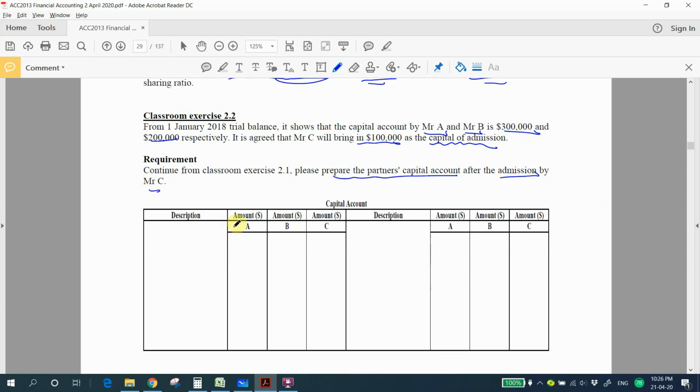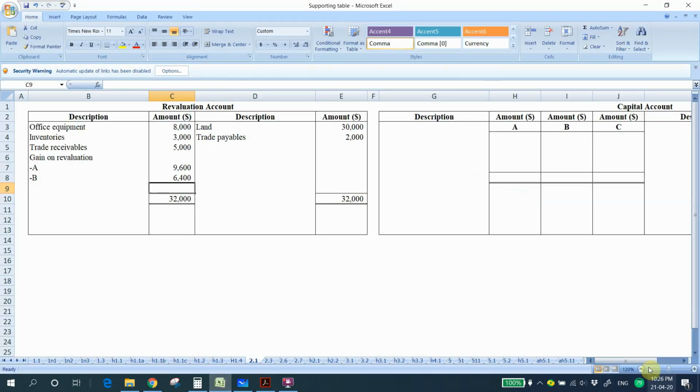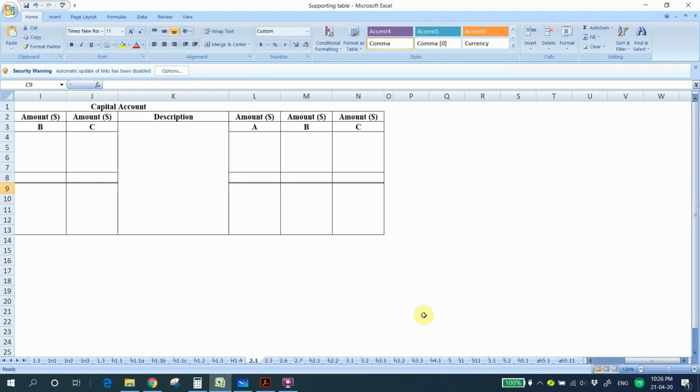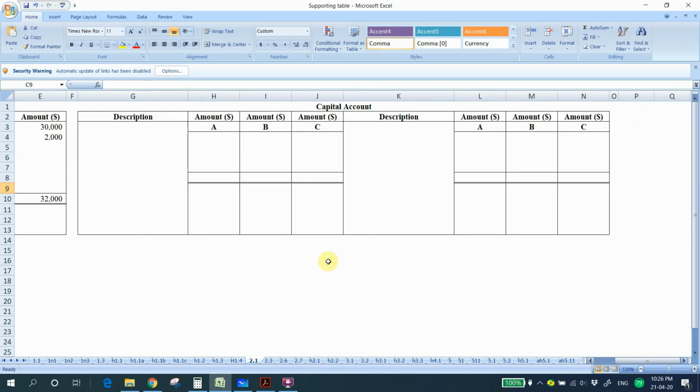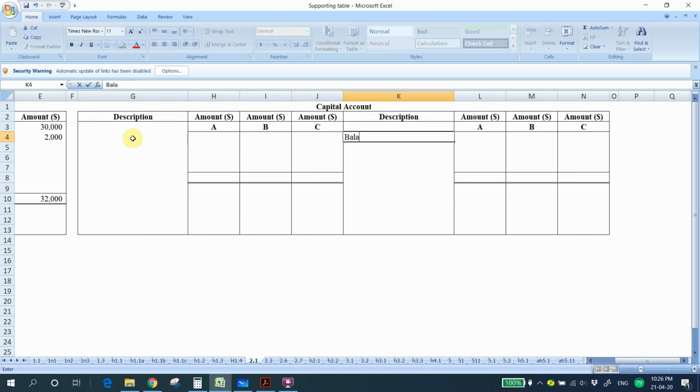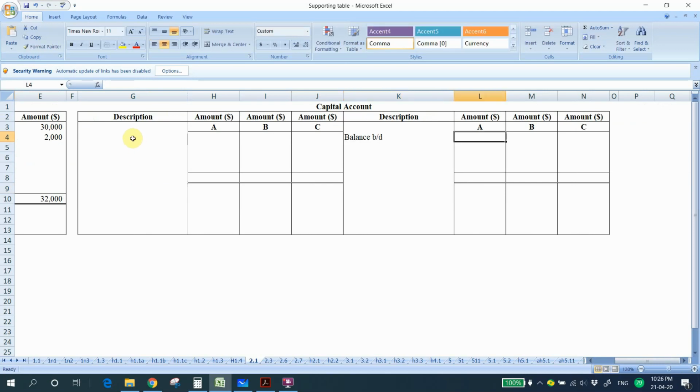So again, for better presentation purposes, I will use an Excel sheet to present the capital account. The format will be very similar to your textbook. So this is your capital account. First, we have to record the opening balances of the existing partners. The opening balances we record on the credit side because capital is equity.